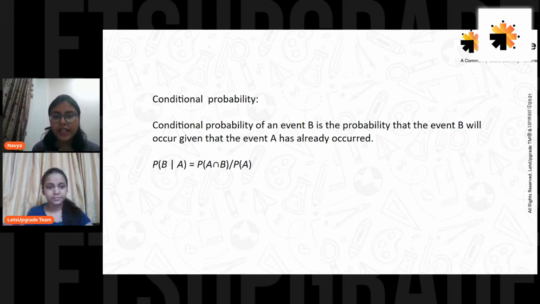Now when you'll be calculating the probability of your heart coming again, see what is happening here, understand that we work on the scenario where an event has already occurred. So here you can see that the conditional probability of an event is the probability that the event B will occur given that the event A has already occurred. So here the event A has already occurred, that means I'm talking about the one heart card that you have already pulled and you have made the deck of 52 into 51.